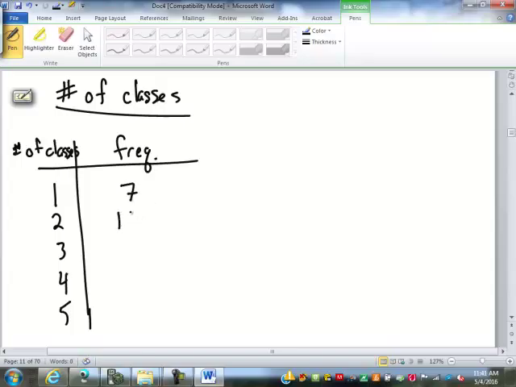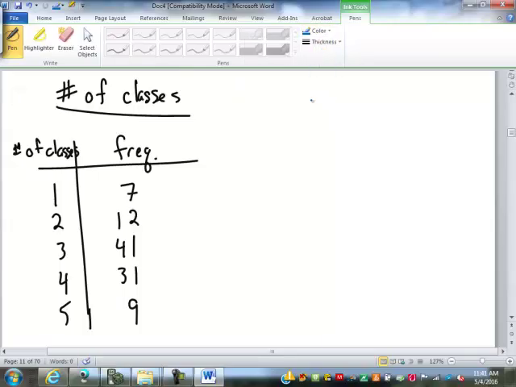2 classes is 12. 3 classes, 41. 4 classes, let's say that is 38. Well, I'm going to cut that down a little bit. Let's say this is 31, and then for 5 classes, let's say there's only 9 students taking 5 classes.